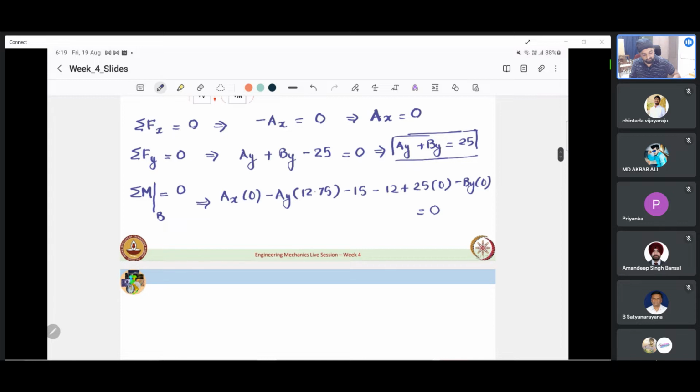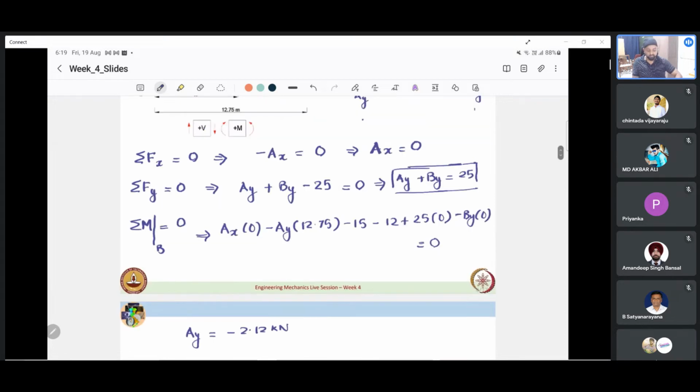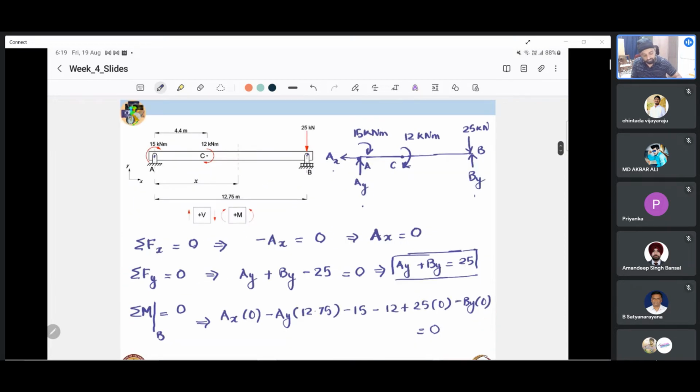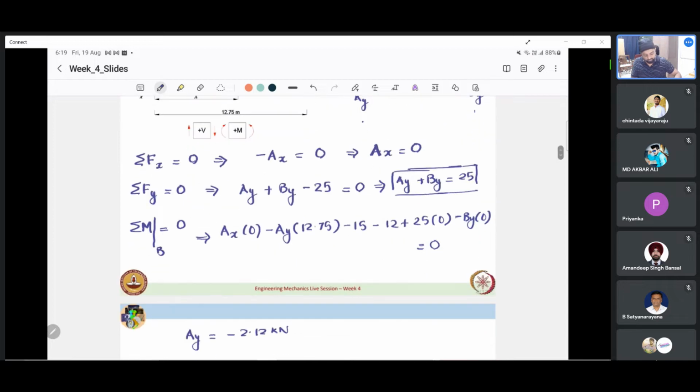So with this, we have only one unknown in this equation, so we can actually calculate what Ay comes out to be. That comes out to be minus 2.12 kilonewton. Minus implies that whatever direction we had taken should actually be downward, because this beam is lifting from there. So at A, the hinge is pulling it downwards. That is all it means.